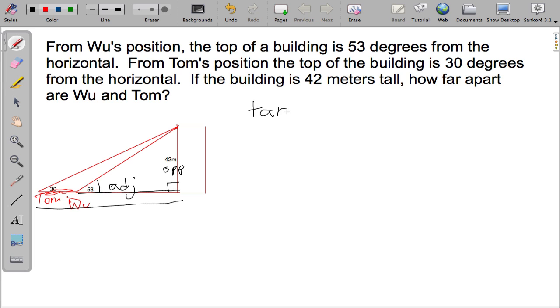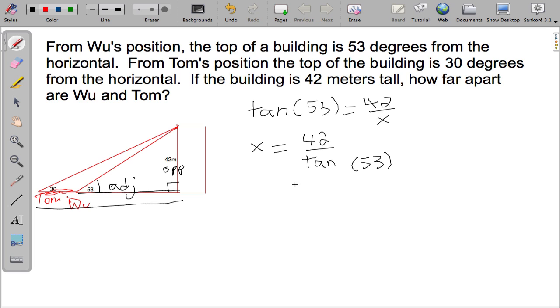So the tan of 53 degrees is opposite over adjacent, and I'm going to call that x. Okay, so in order to solve for x is 42 divided by tangent of the angle 53.